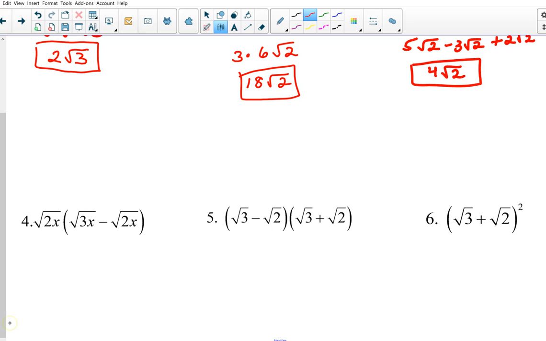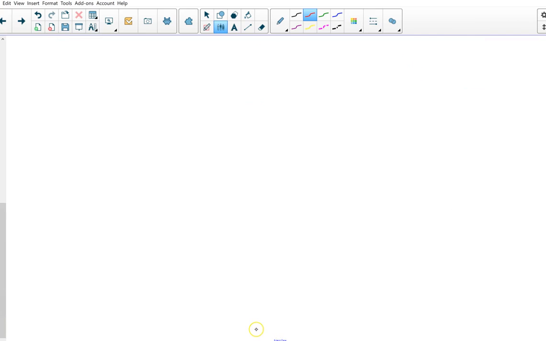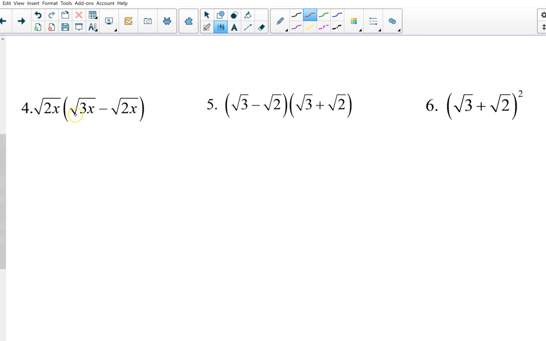Example 4, we're actually going to be performing an operation. We're going to be distributing square root of 2x to both of those terms. So this becomes square root of 2x times square root of 3x minus square root of 2x times square root of 2x.